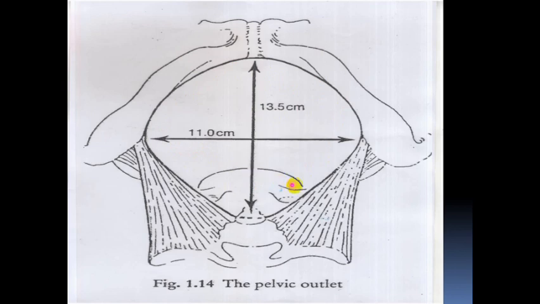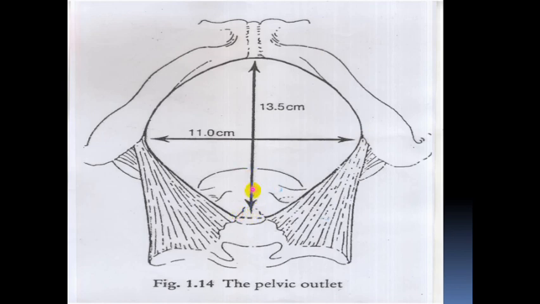It is formed or made up from the pubic bone, from the ischium, the ischial tuberosity, and the sacrotuberous ligament, in addition to the fifth sacral segment. This is the fifth sacral segment or vertebra.